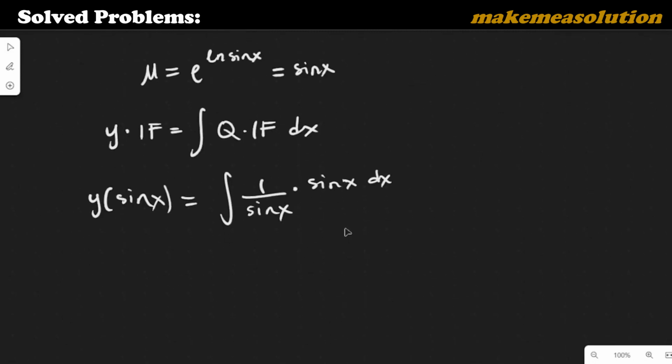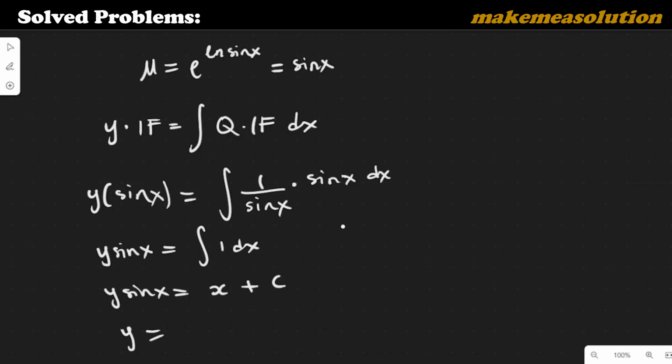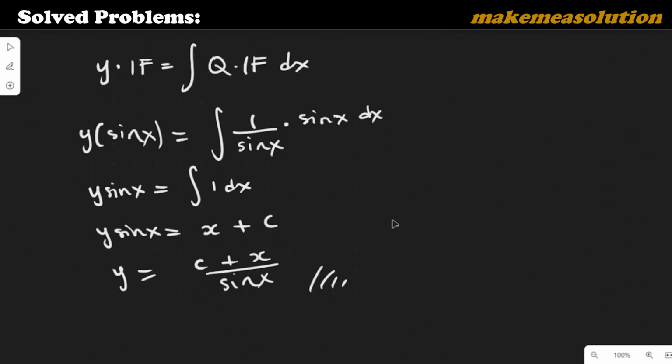So you can see that y sin x will be equal to integral of 1 dx, and y sin x is equal to x plus c. So at the end of the day, y is c plus x over sin x. So you can actually stop here for this particular problem.